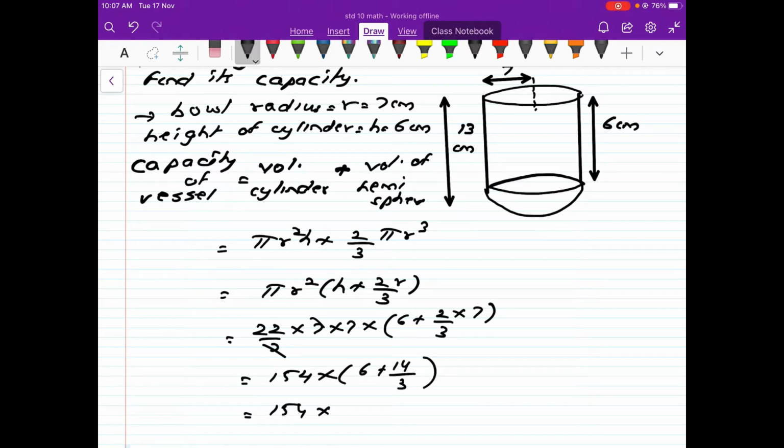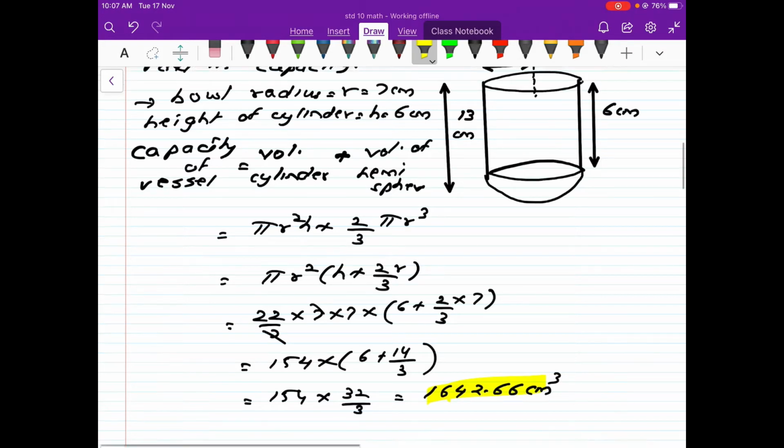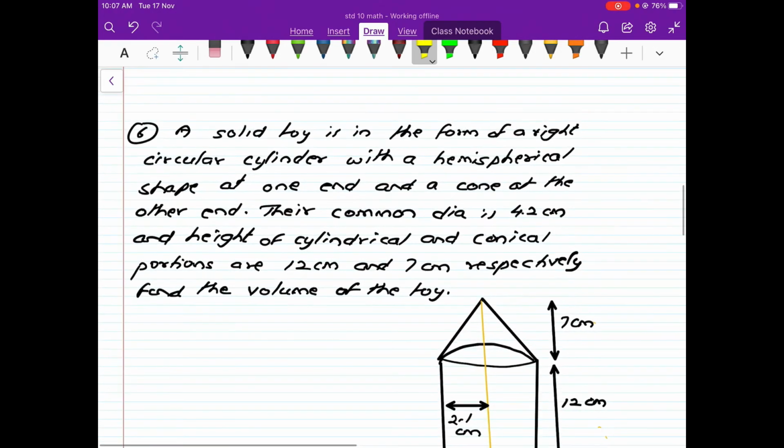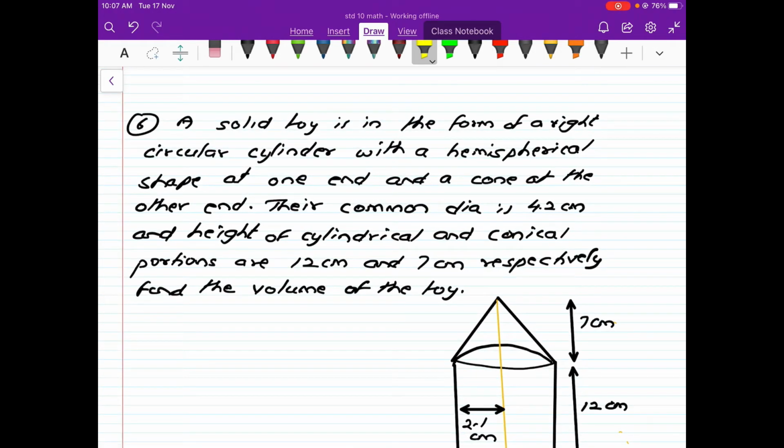So, this becomes 154 into 6 times 3 is 18, 32 upon 3. So, when we simplify this, we are getting 1642.66 centimeter cube. So what we have to always do is to club the formula, put the values and then simplify it to get the answer.